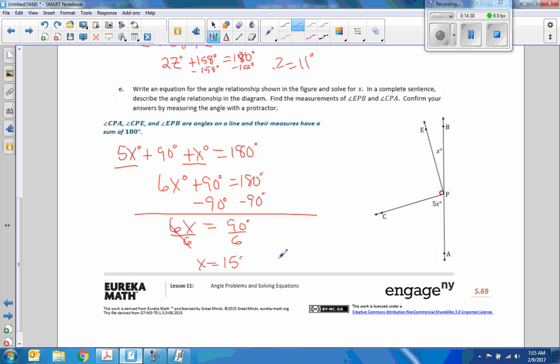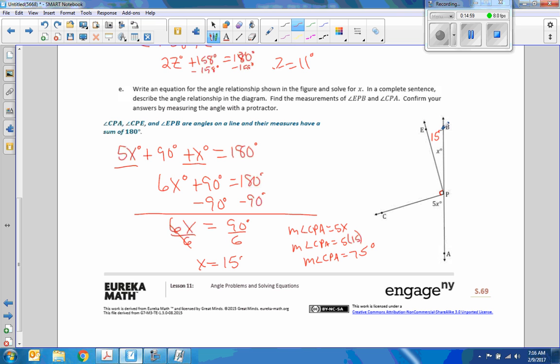Okay? So now I'm going to plug 15 in. So since the measure of angle CPA equals 5x, then the measure of angle CPA equals 5 times 15. The measure of angle CPA equals 75 degrees.